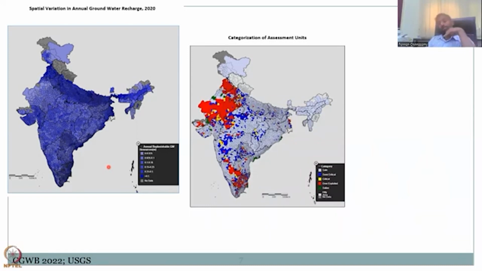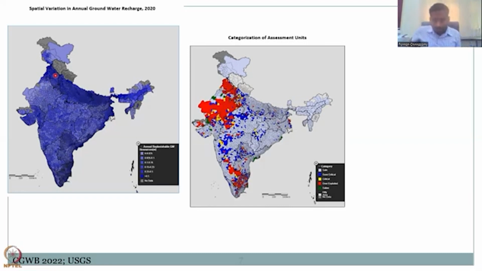They are exploiting more than the water which is recharging. And you could see that mostly Rajasthan, Gujarat, Haryana, Punjab all have too much groundwater abuse or groundwater extraction. And this cannot go on in the current scenario because it is very unsustainable.